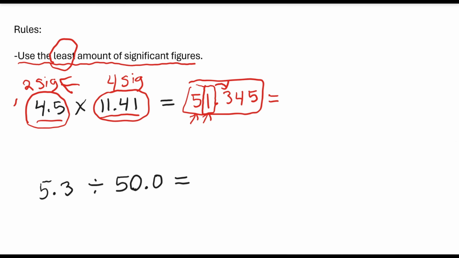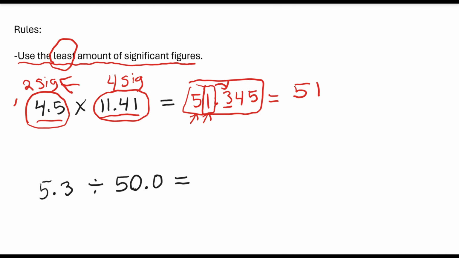But in order to properly round, we have to look at the next number. In this case, it's a 3. The rule says if it's 5 or greater, you round up. If it's less than 5, you stay the same. So the 3 is less than 5, so our final answer will be 51.